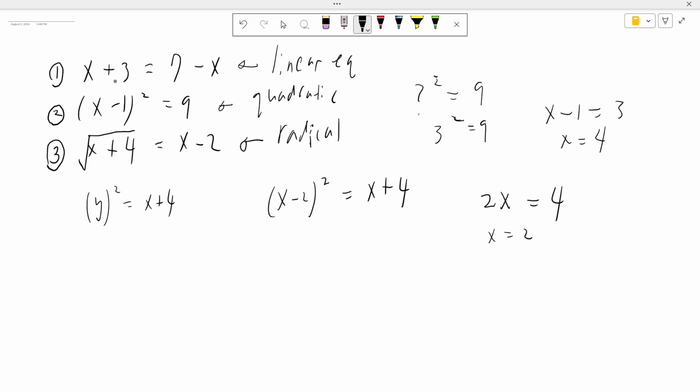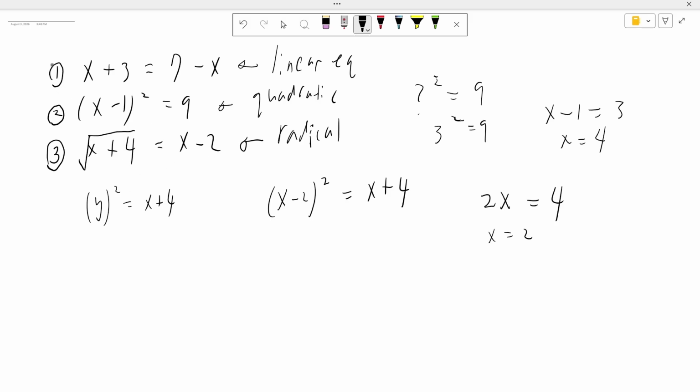Now, the reason why we could make a statement about number 3, even though x appears on both sides, right? So it looks complicated, it has to do with the definition of the radical itself. It includes this right-hand side in its definition.